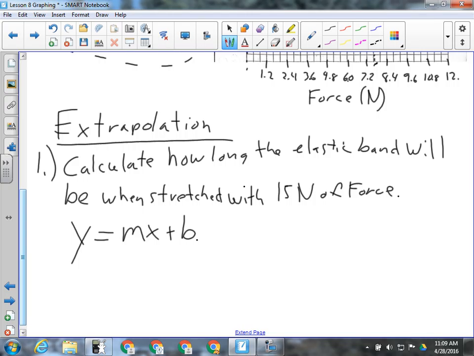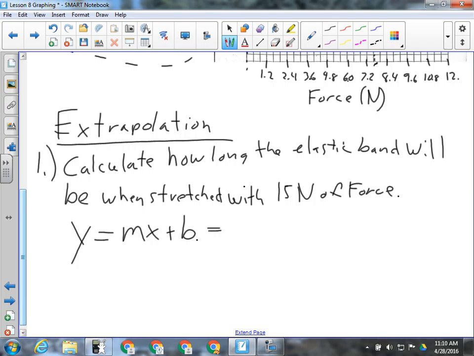What else did they tell me? They told me 15 newtons of force, which is x. So I know m, x, and b. I can calculate y. I'm extrapolating for a value of y that is beyond the end of my graph. All I have to do is plug in the numbers and solve.